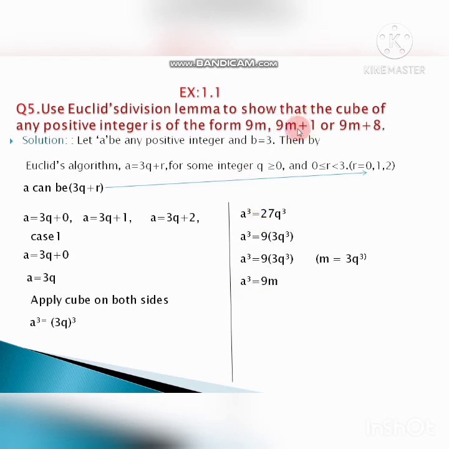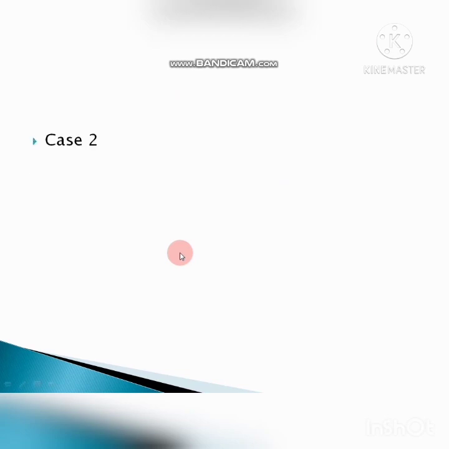Now the remaining 2 cases are there, that is 9m plus 1 and 9m plus 8. So we are left with 2 cases, that is a is equal to 3q plus 1 and a is equal to 3q plus 2. Let us take the second case. Case 2, a is equal to 3q plus 1. Again think about the cube of any positive integer, so apply cube on both sides.